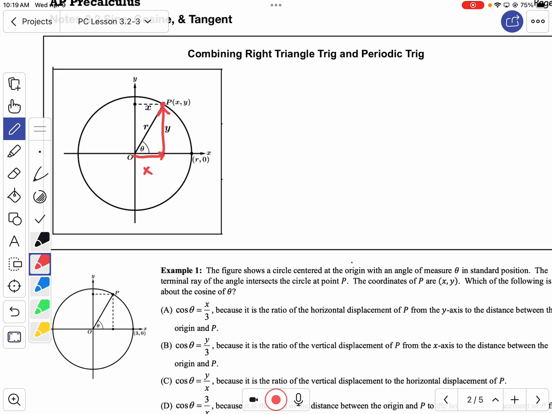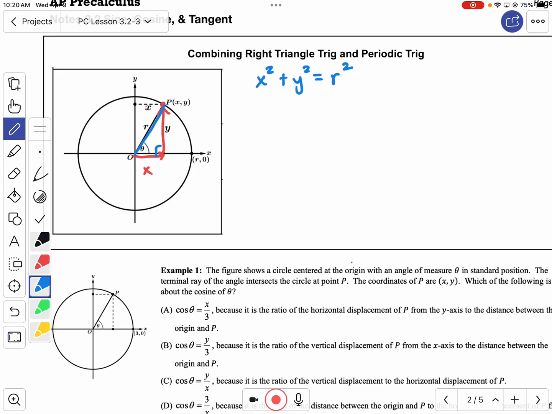That's how I got there. When I do that, it creates what kind of triangle? A right triangle. And so what now does our hypotenuse represent in terms of my circle? Distance from the origin to the circle, which is also known as the radius. So x squared plus y squared equals my radius squared.